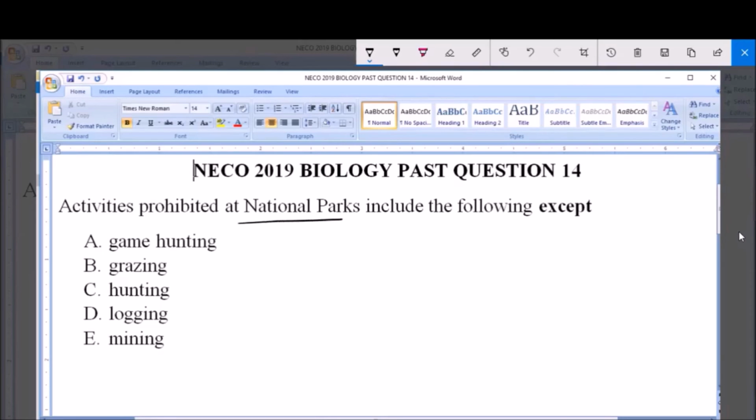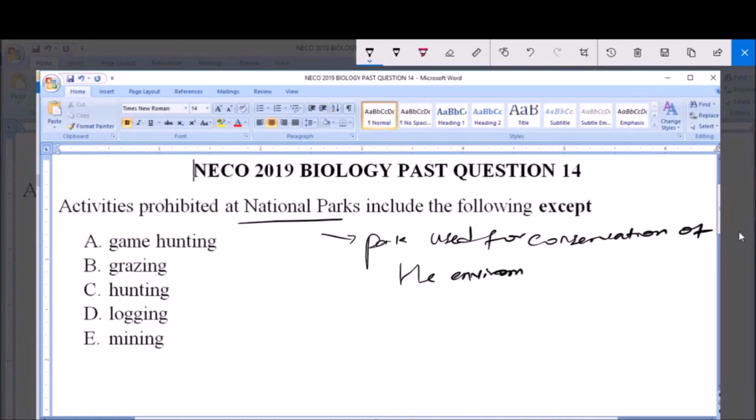National parks are simply parks used for the conservation of the environment.